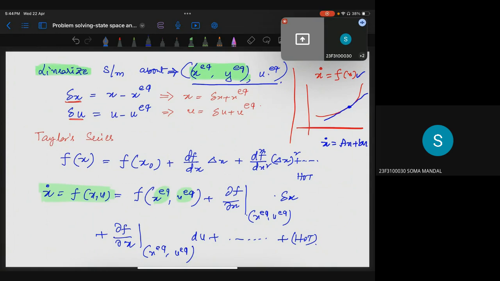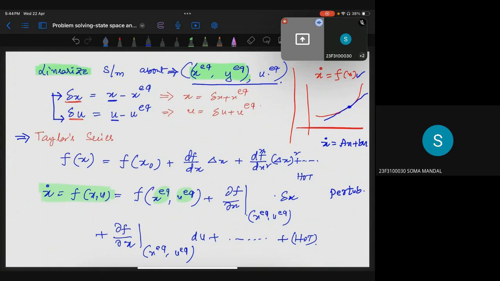So how do we do that? We do that by using the Taylor series. In the Taylor series, we linearize with respect to the variables. We have these two variables, x and u. We take that equilibrium point, and with respect to it, we do a small perturbation.